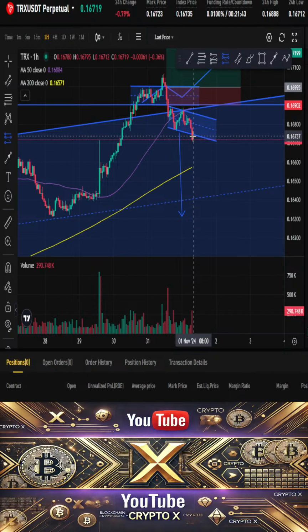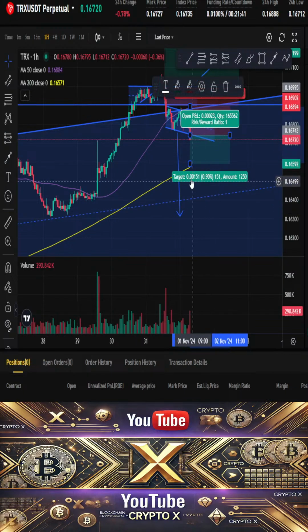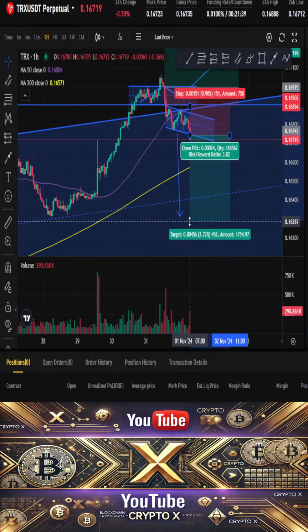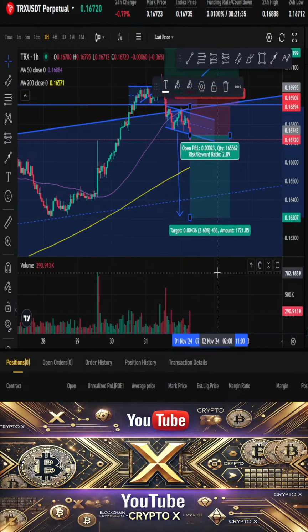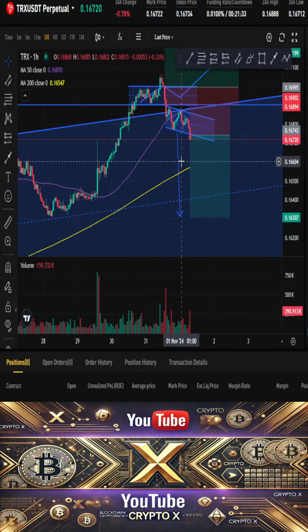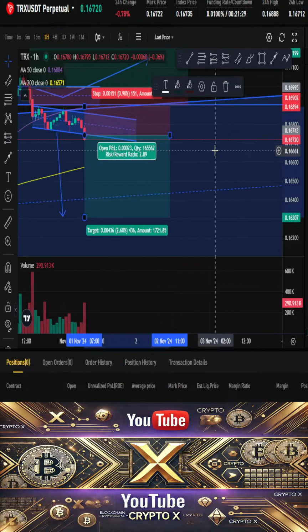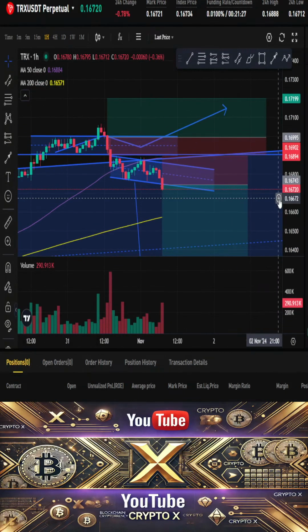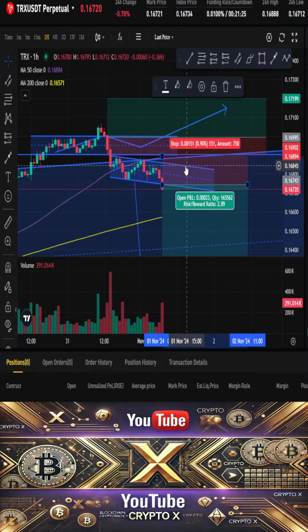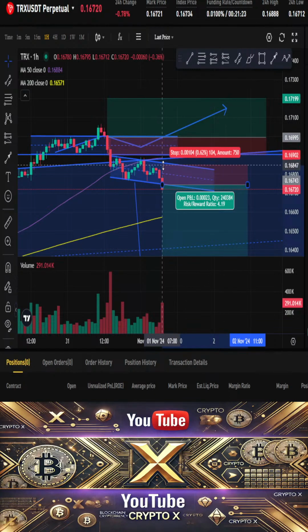If we start from here, this will be up until here, right? And the SL will be the channel low or the last swing high, I'm sorry, the last swing high. The last swing is this one.